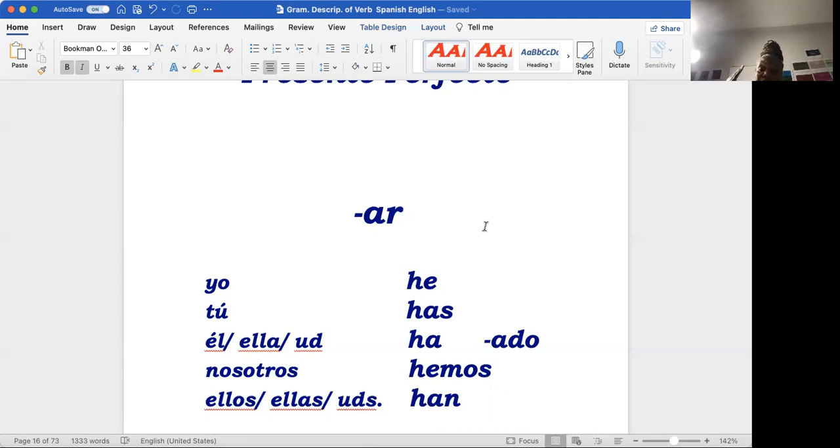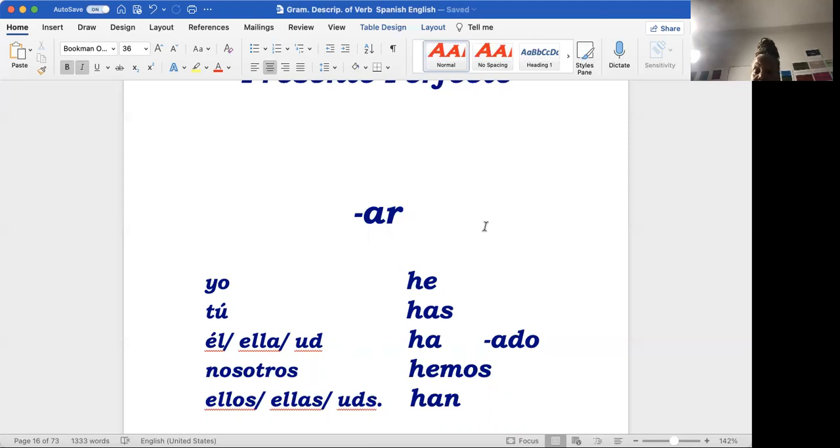So let's just do the verb hablar as an example. He hablado, has hablado, ha hablado, hemos hablado, han hablado.